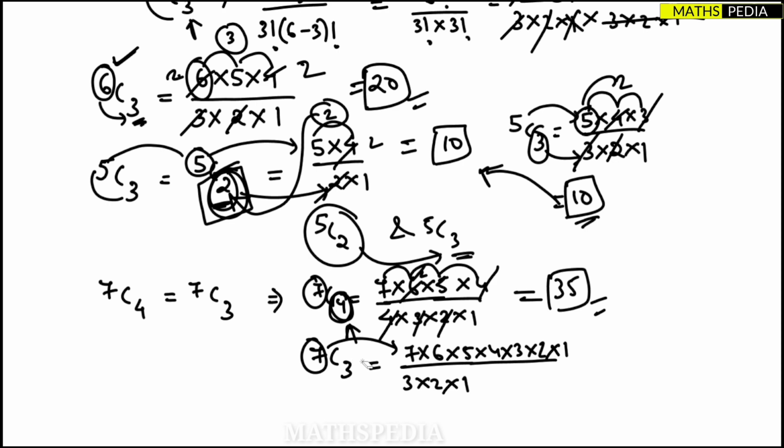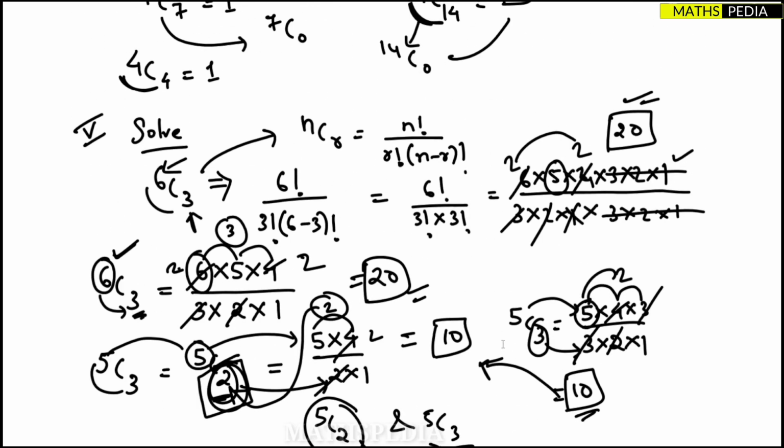You have to take only 3 numbers. So up 1, 2, 3. So I should eliminate this portion. I should just cancel out this. So 3 2s are 6. So this thing cancels. 35 will be the answer. Okay, simple thing. 35 is the answer. Like that you can practice many types of problems.